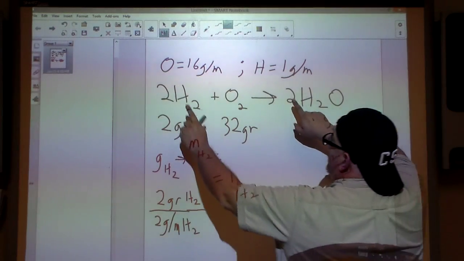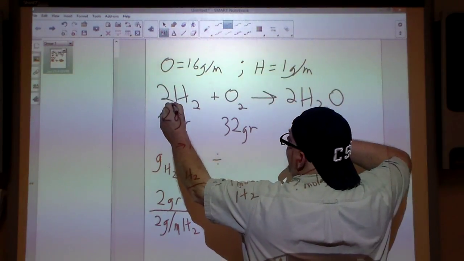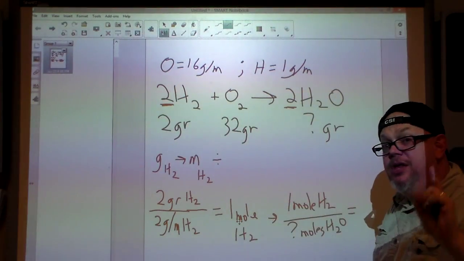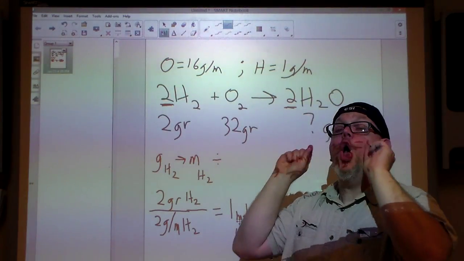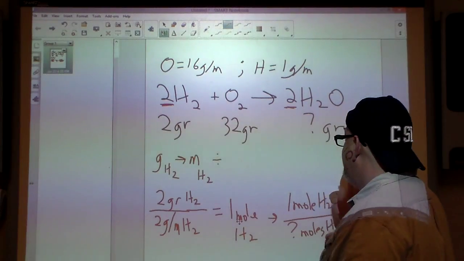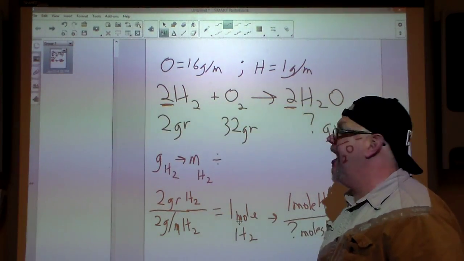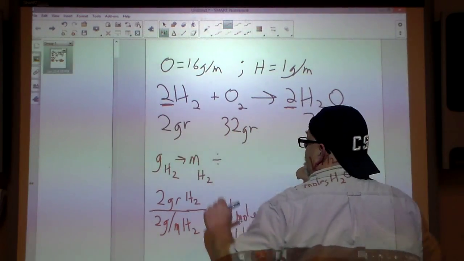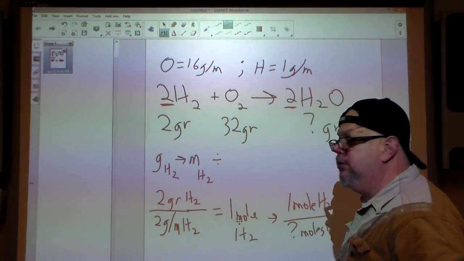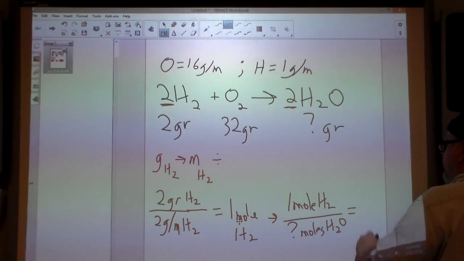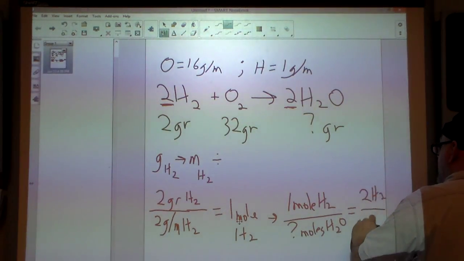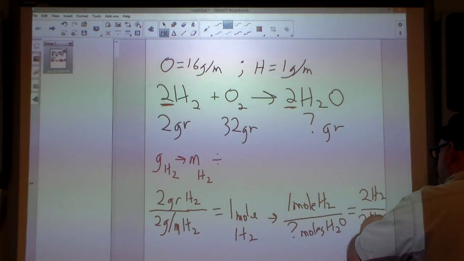I have the coefficients right here. Now pay attention. This is the only time in the entire process of stoichiometry that the coefficients come into play. That's the only time. So right now, that means there's a ratio. For every 2 H2 we have, we're going to have 2 H2O.